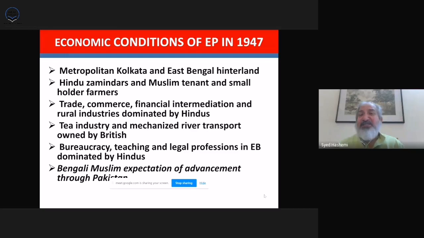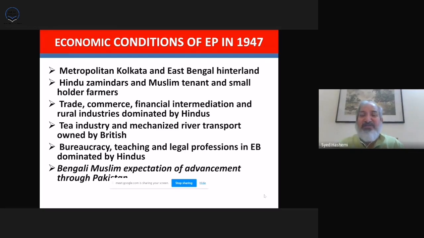Hindu zamindars dominated the land in East Pakistan, and Muslims were generally tenants and smallholder farmers. So when the Hindu zamindars left in 1947 and land was taken over by the government, you had a system of Muslim tenants and smallholder farmers.